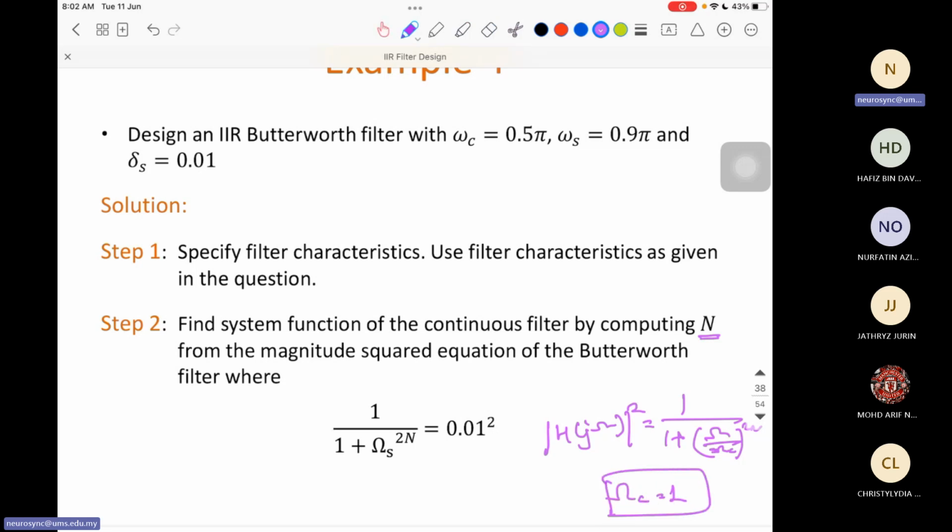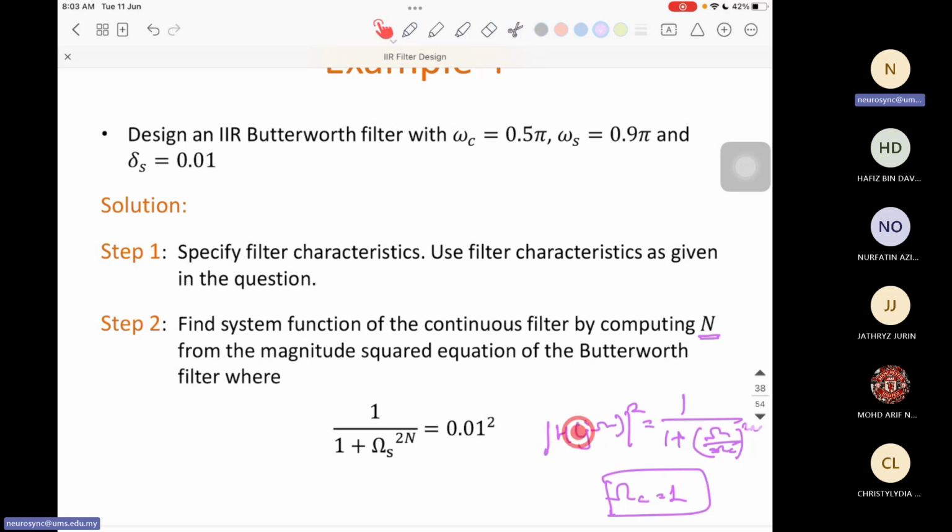Now if I plot these characteristics in the graph, the magnitude at omega s is 0.01 squared. So we can write this expression like this.